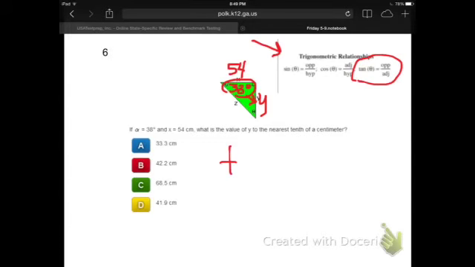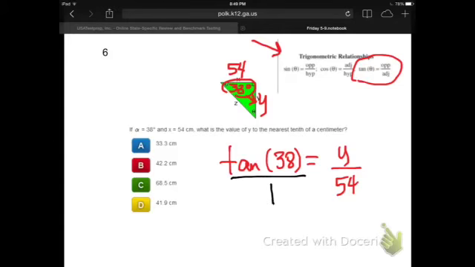So I would say tangent of alpha, which is 38 degrees, equals opposite, which is y, over adjacent, which is 54. And the easiest way to work this to me is to make it a proportion. So I'm going to make this a proportion. I'm going to multiply tangent 38 times 54.